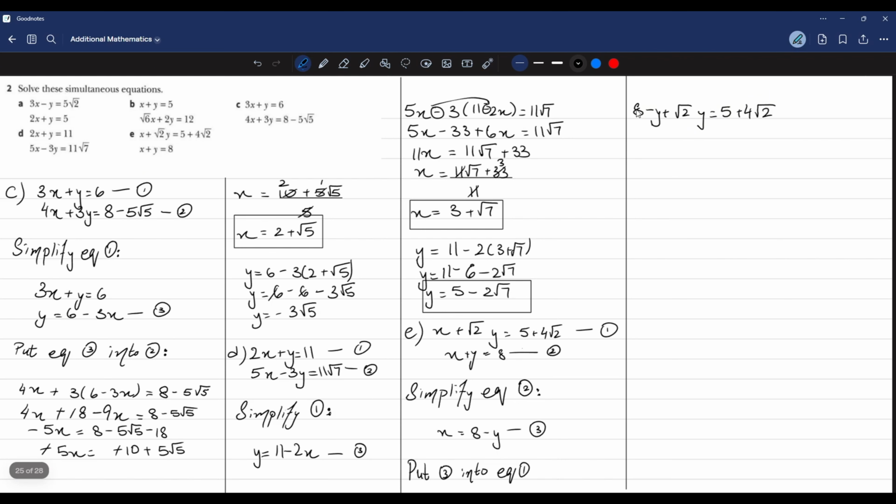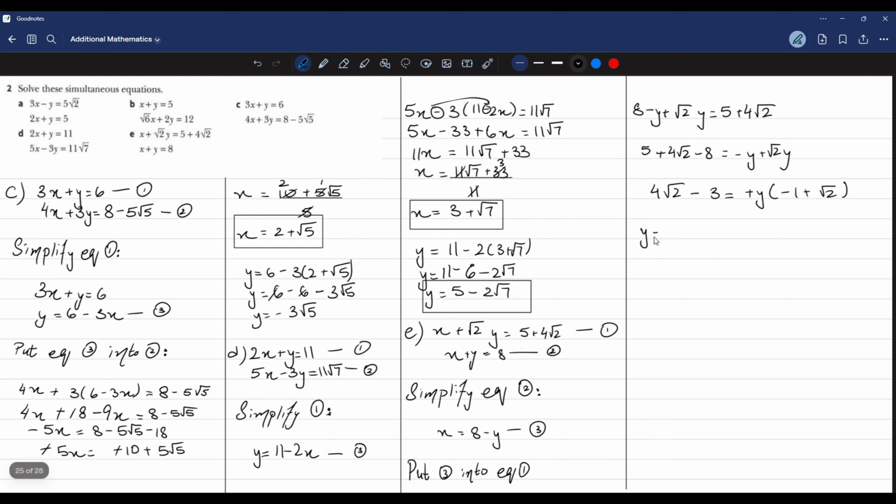Okay, so we're going to say that 5 plus 4 root 2 minus 8 is equal to negative y plus root 2 y. Again, I'm going to take out the common factor here. But before that, I'm going to do 5 minus 8, which is equal to negative 3. So that would be 4 root 2 minus 3 is equal to, positive, y times negative 1 plus root 2. Okay.